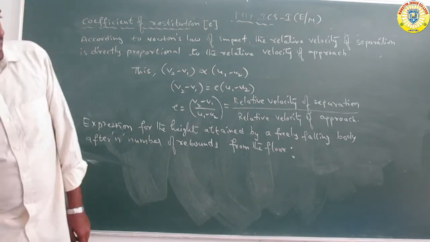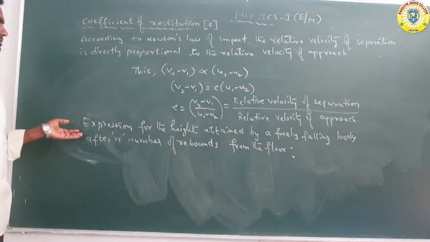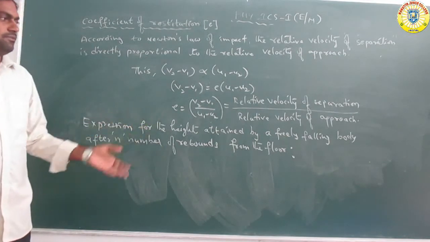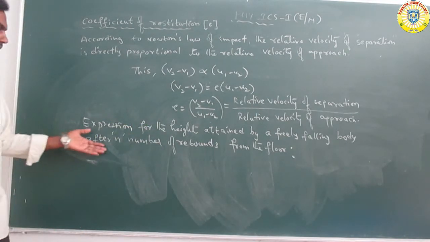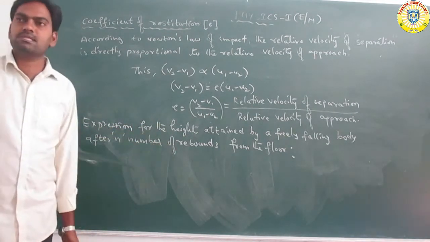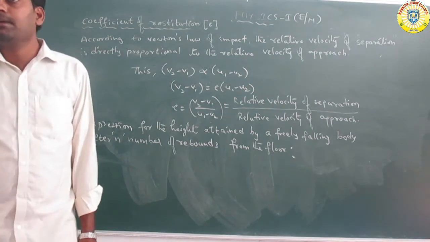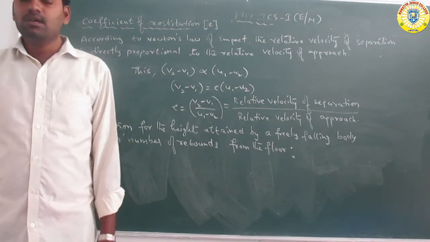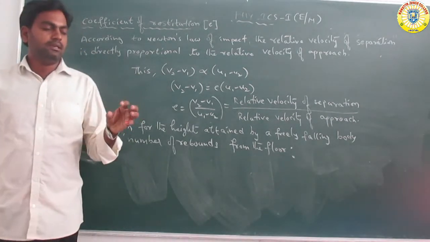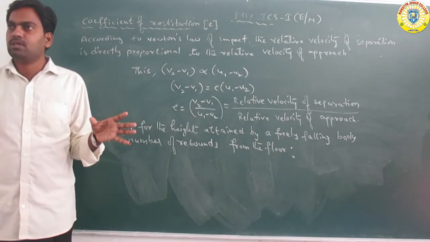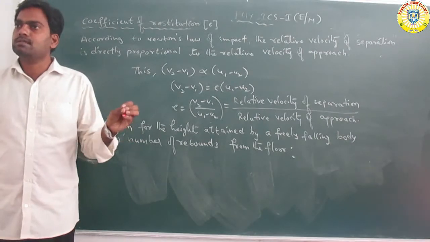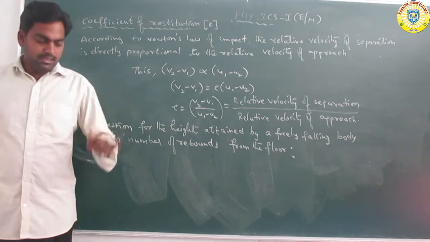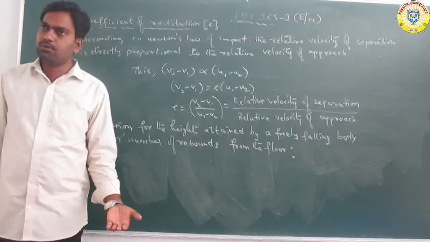Right. Next, the expression for the height attained by a free falling body after n number of rebounds from the floor. That means, for example, a body is dropped from a certain height. The body, that is a ball, rebounds a number of times from the floor.